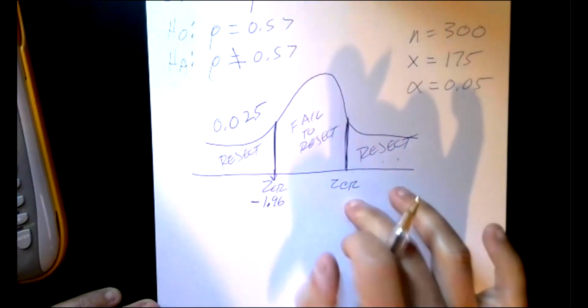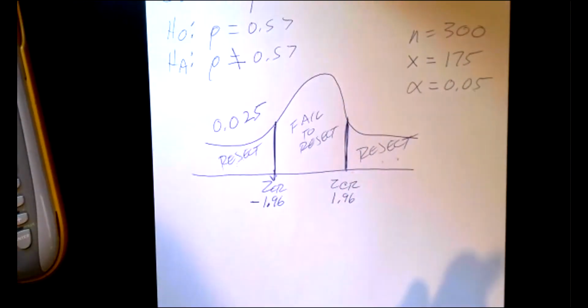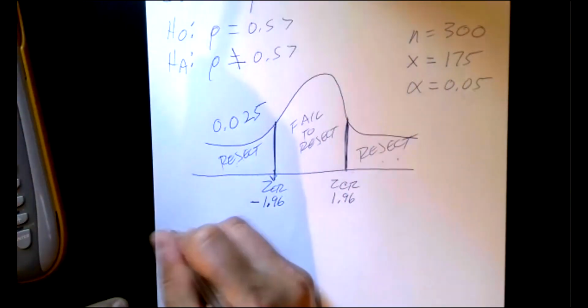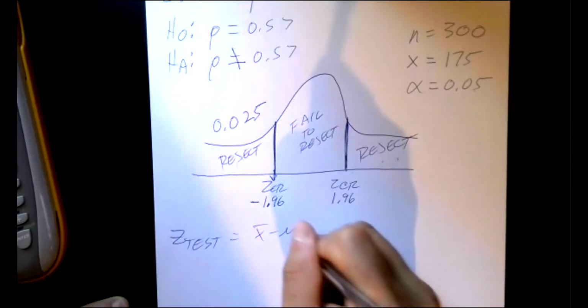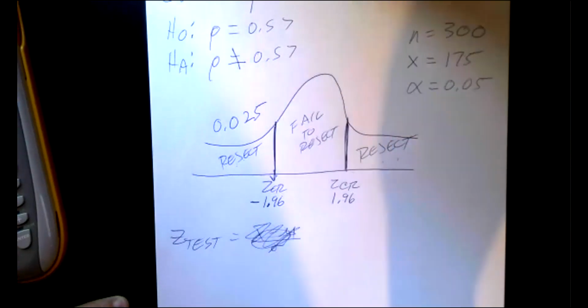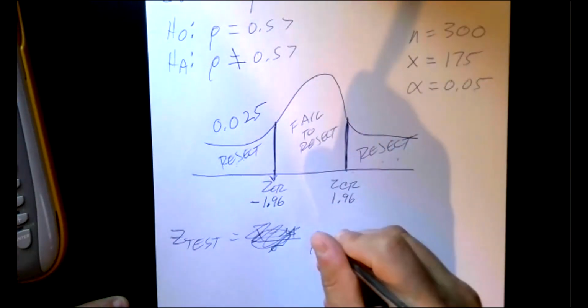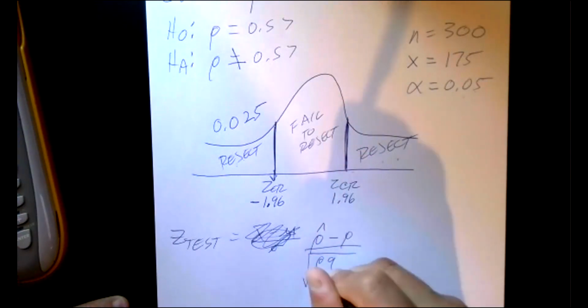Which means the other critical value will be positive 1.96. Let's find the test statistic. Wrong formula. This is proportion. P hat minus P over square root of PQ over N.